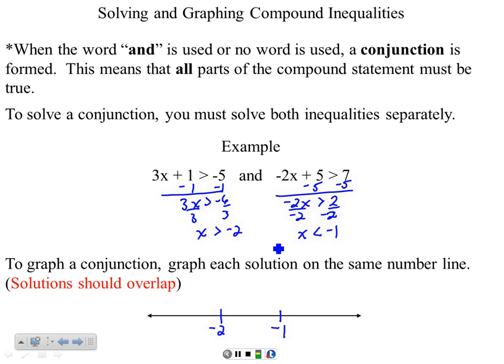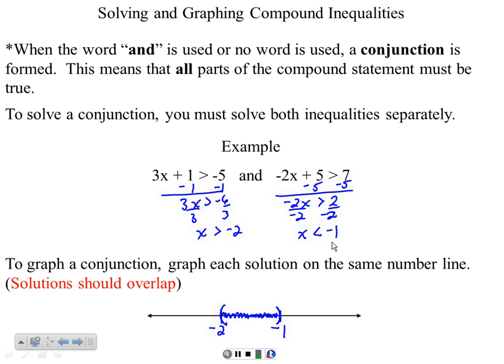So the one on the left says that x can be any number greater than negative 2, so we'll put a parenthesis going to the right, greater than. But the one on the right says that x has to be less than negative 1, so we'll put a parenthesis going to the left, less than, and start coloring.